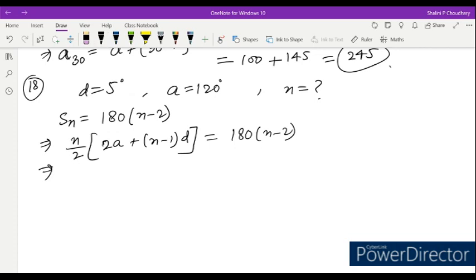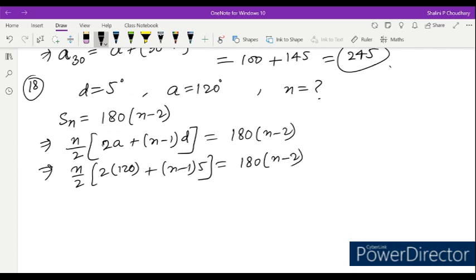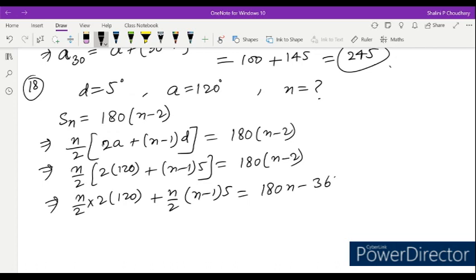First of all we'll put the value of a, n upon 2 into 120 plus n minus 1 into 5. Okay, this will be equal to 180 into n minus 2. So n upon 2 multiplied by 2 into 120 plus n upon 2 into n minus 1, 5. This will be equal to 180n minus 180 into 2, which will be 360.